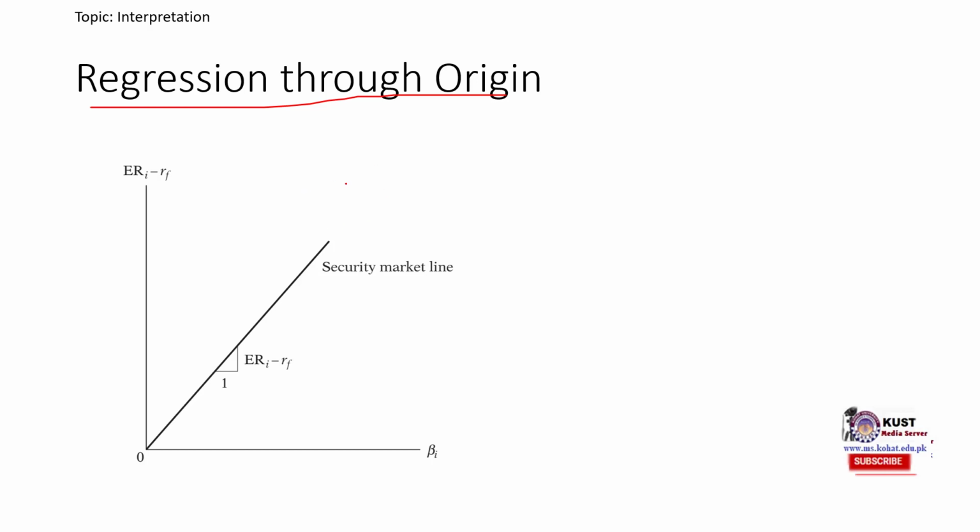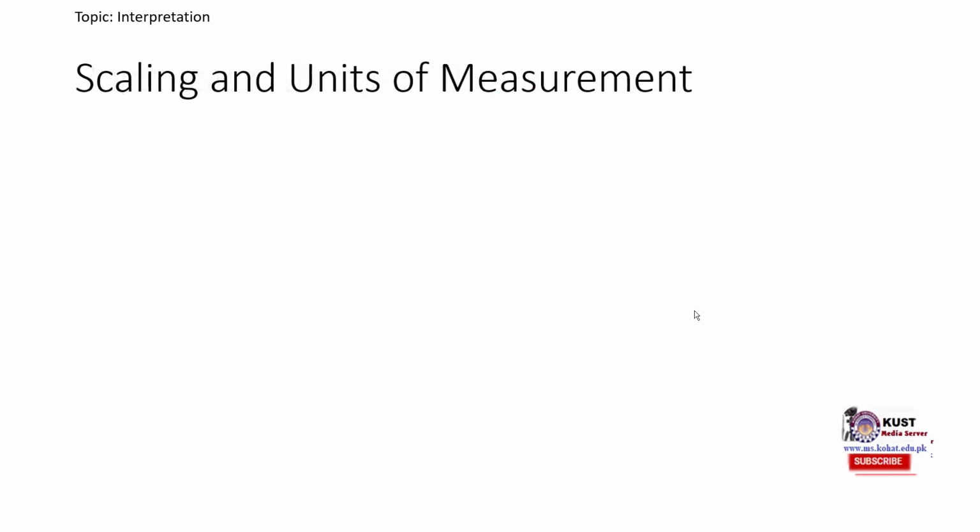And when you are using a statistical package, in our case Stata, there would be an option when you open the dialog box of the regression, and we would discuss it when we use the software. There would be an option to suppress the constant term, and when we are going to use the regression through origin, then we must use that option. Okay. So next we are going to understand scaling and the unit of measurement.